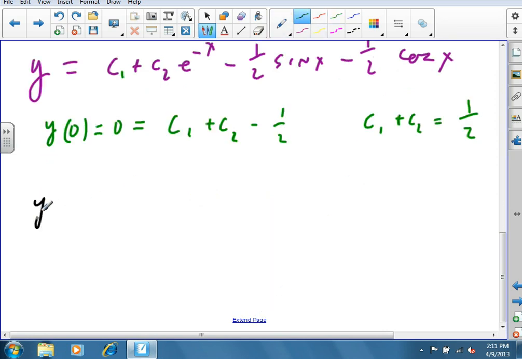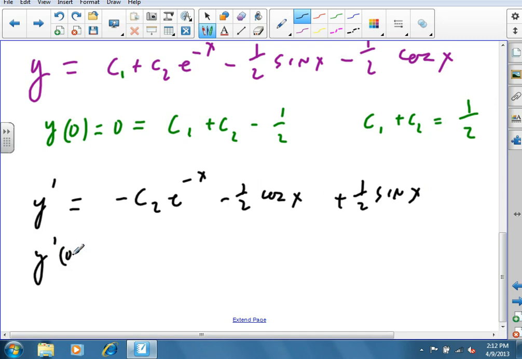And I'm taking y prime: minus c2 e to the minus x minus 1/2 cosine plus 1/2 sine. y prime at 0 is 0, I think. Yes, it is. Which is going to be minus c2 minus 1/2, that guy's 0. So that implies that c2 is equal to minus 1/2, and if that's the case, then c1 has to be 1.